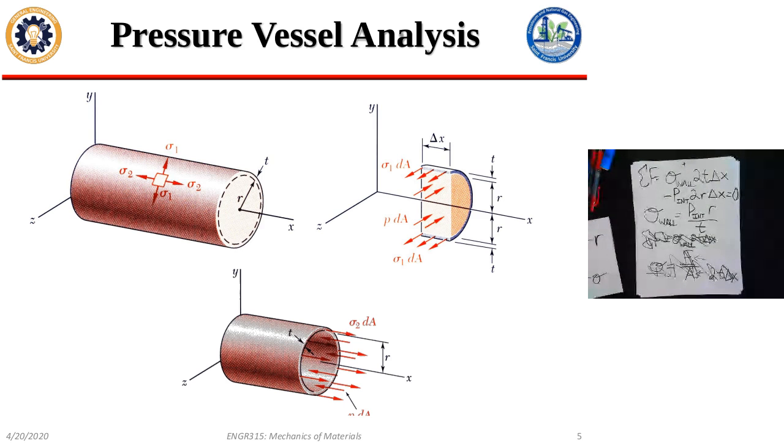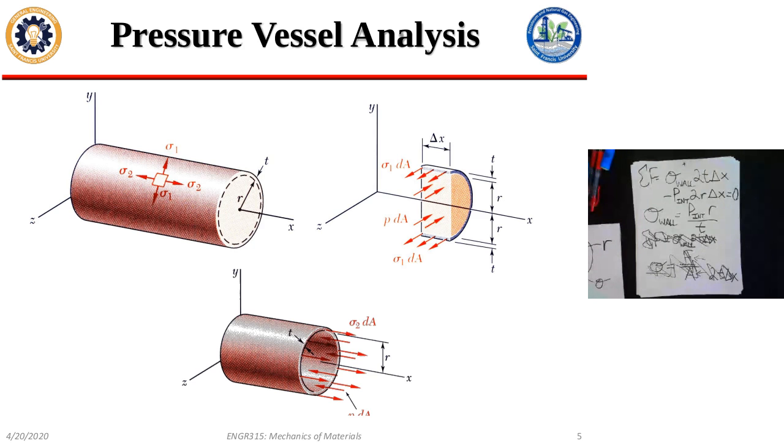Remember that R is the inner radius of the pressure vessel, T is your wall thickness, and P is the internal pressure. Great.